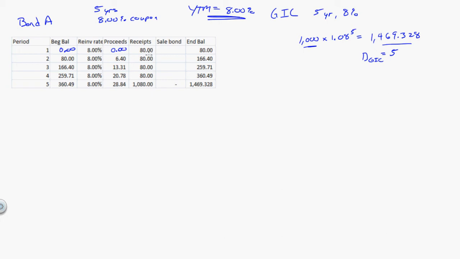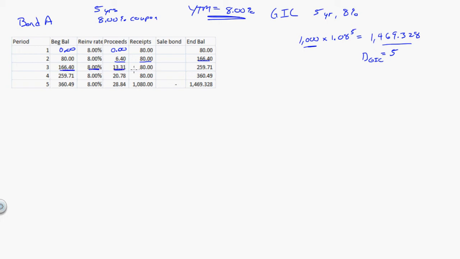At the end of the year, I get that $80 coupon payment. I keep this all in one big account. The $80 coupon payment at the end of the year, I invest at 8%. It pays me $6.40. Then I get $80 for the second coupon payment, and that totals $166.40. I take the $166.40 and invest it at 8%.